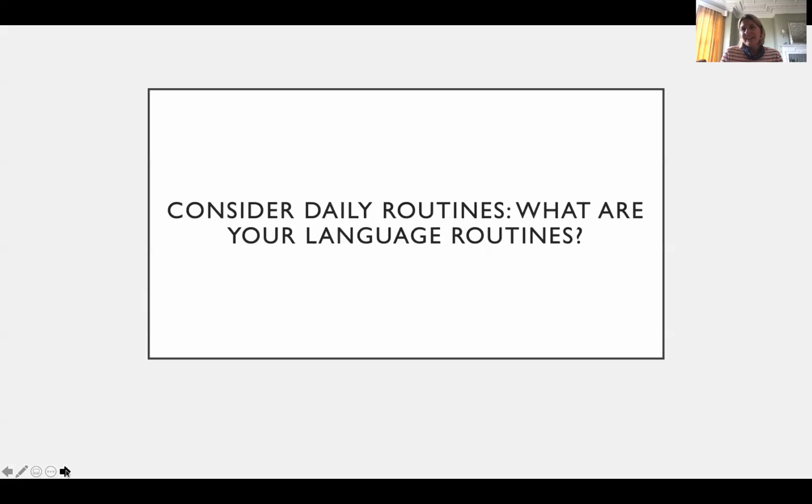The other thing that is useful to consider is to just look at your daily routines. Daily routines are such a rich picking ground for embedding interventions, but also think about, how do you and your team use language within those daily routines?